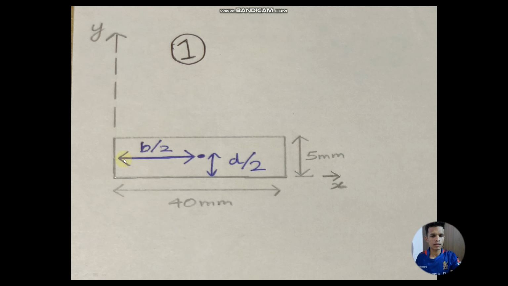As we can see here, b by 2 is nothing but 40 by 2, that is 20, and here d by 2 is 5 by 2. Upon calculation we'll get 2.5.